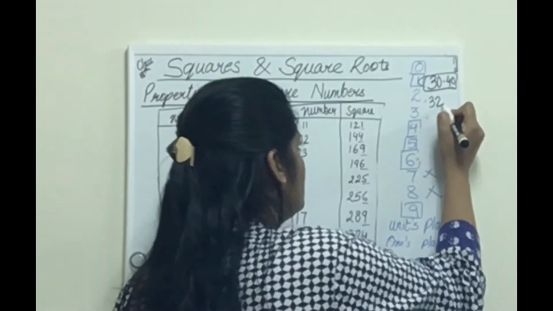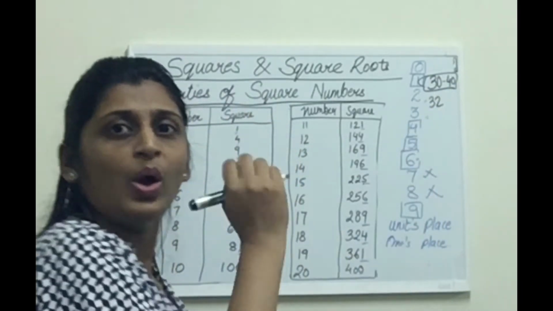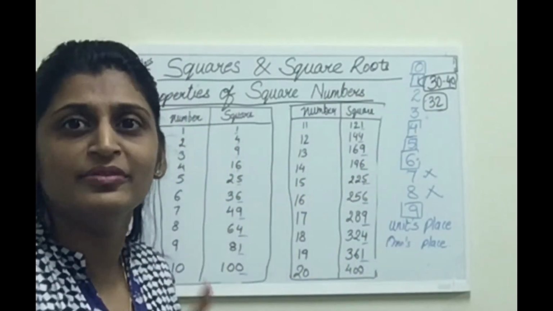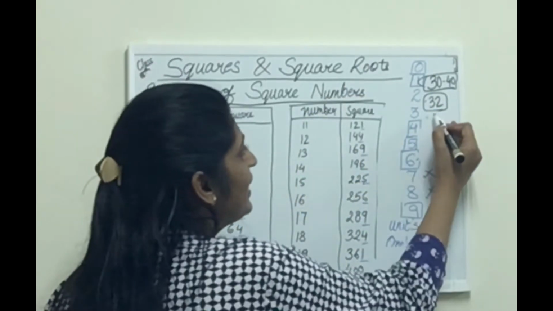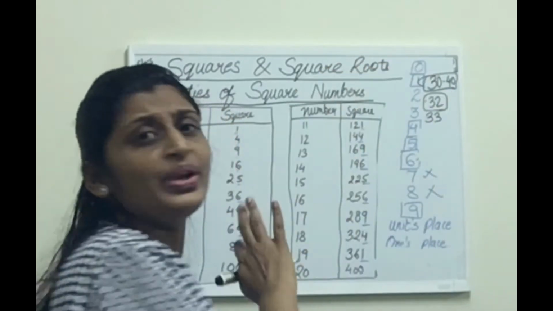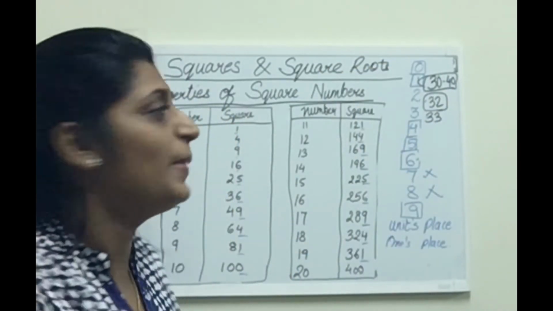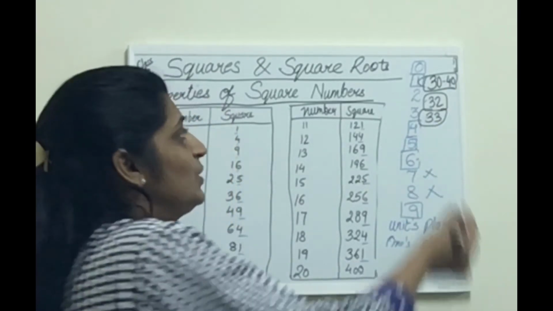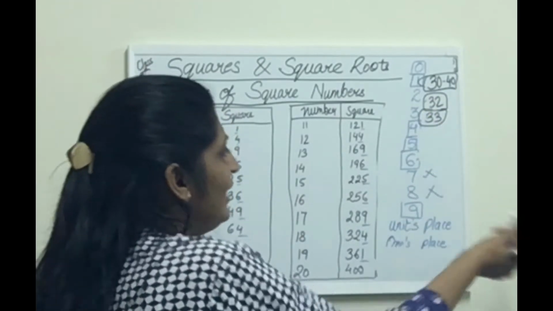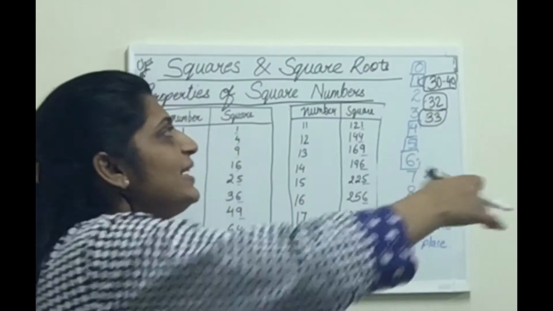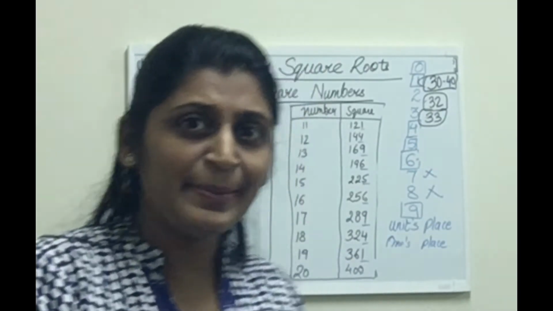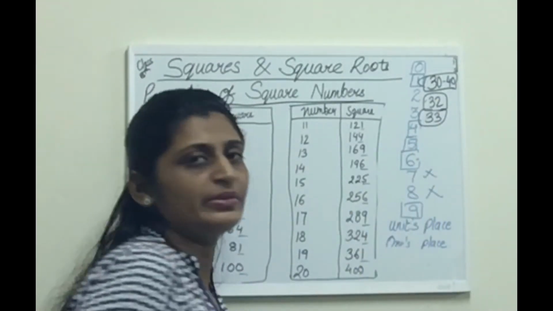But 32, 100% sure, lock it. 32 cannot be a perfect square. Similarly, the next number 33 cannot be a perfect square. So 32 and 33 and 37 and 38. These are the 4 numbers for which I am 100% sure without solving them that they are not perfect squares.